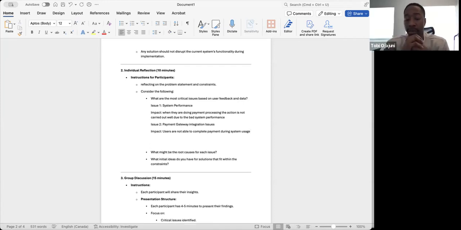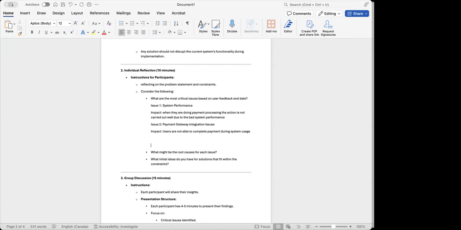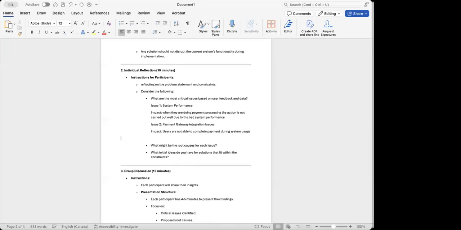Is there any other issues that you guys came up with? No other issues? Okay. I also think that during the design of the platform, whenever the UI is not really user friendly, it could cause issues as well.